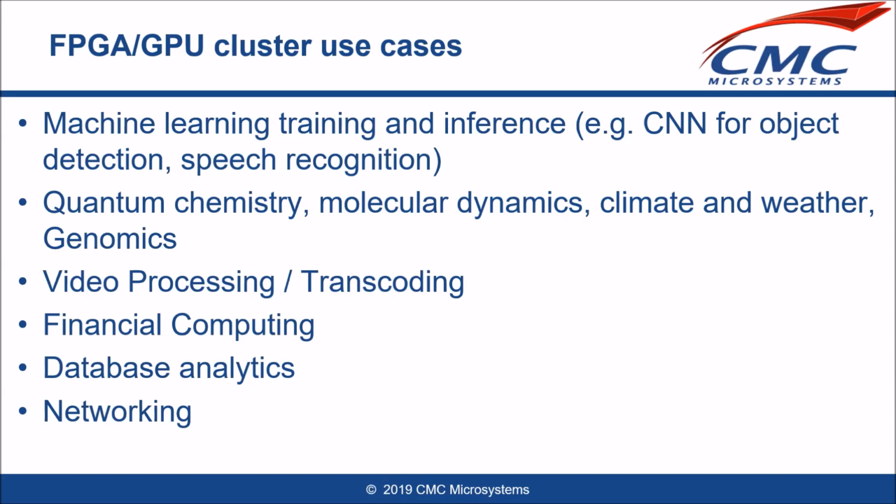Video processing transcoding in the FPGA is very popular. Financial computing as well, database analytics, and networking. So depending on your research orientation and needs, you can use this cluster for different workloads and purposes.